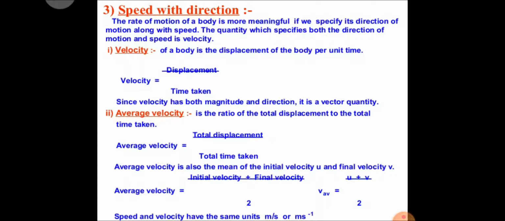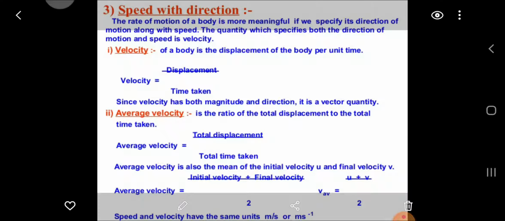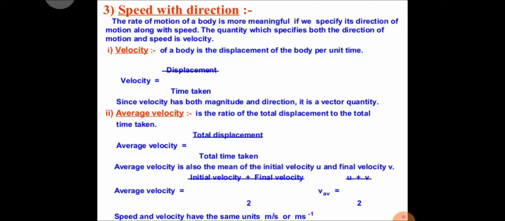When we talk about speed but also with respect to direction, the quantity which specifies both the direction of motion and speed is called velocity.